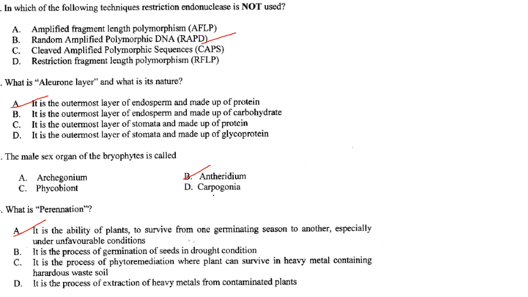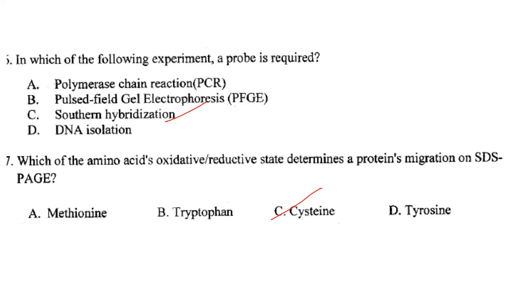It is the ability to survive from one germinating season to another, especially under unfavorable conditions. So answer is option A. Then in which of the following experiments is a probe required? So in the case of Southern hybridization, you require a probe.